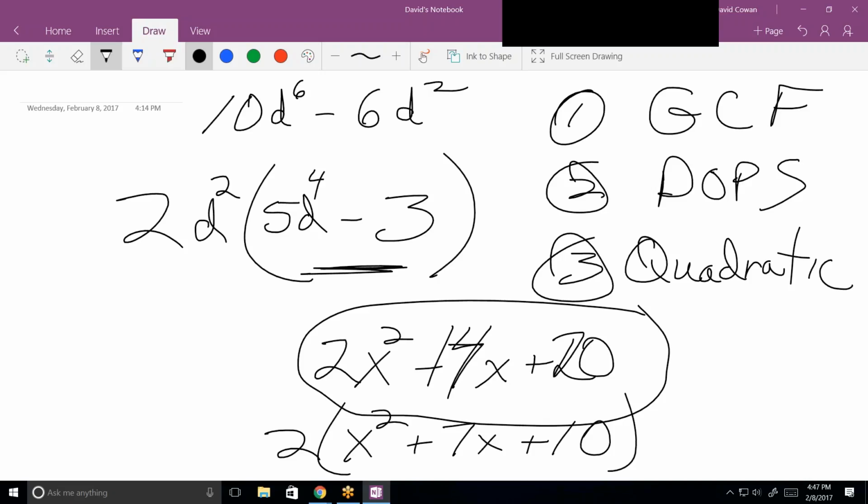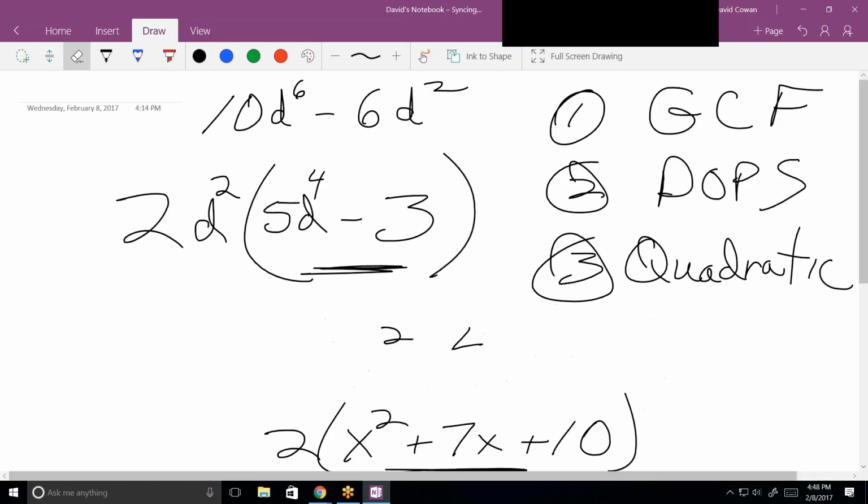And if you can figure out how to factor these kind of quadratics where the coefficient of the x squared is 1, you're going to be in great shape, even if you have difficulty with the harder ones. I'm just telling you that you will rarely have to do a hard one.